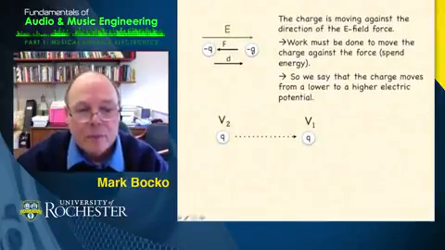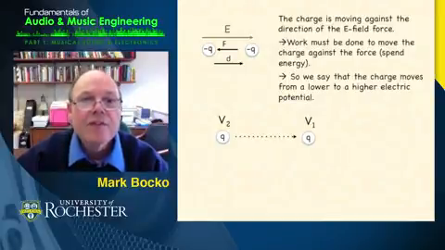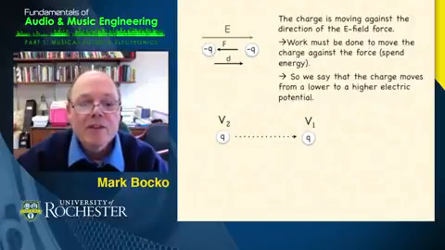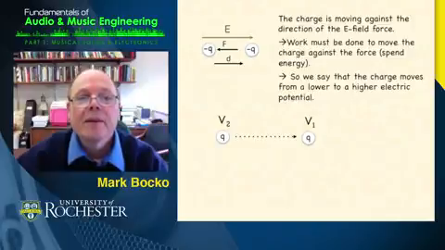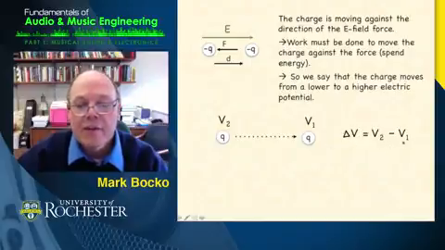So in general, we can generalize that notion and say, okay, I'm not going to think about the electric field itself, but I'm just going to talk about the electric potential as having different values in space. And the change in potential is all that matters.